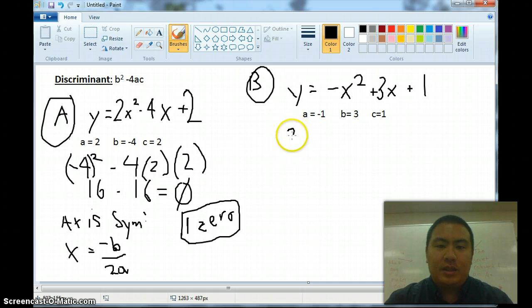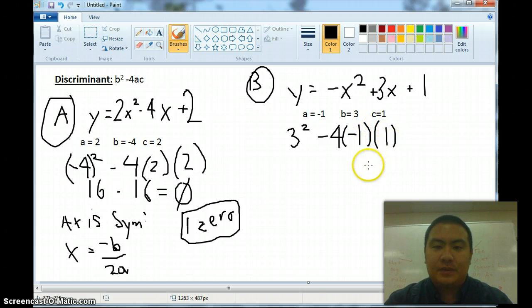So it's going to be 3 squared minus 4 times a, which is negative 1, times c, which is positive 1. Alright, that gives me 9 minus 4 times minus 1, positive 4 times 1, so plus 4.